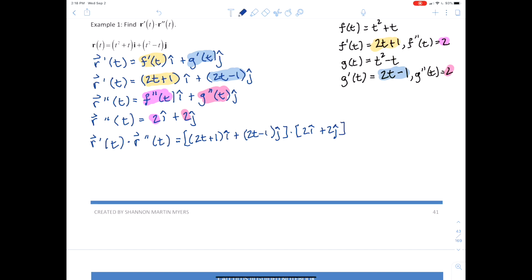Cool so far? Well, putting them in component form, that would end up being what?